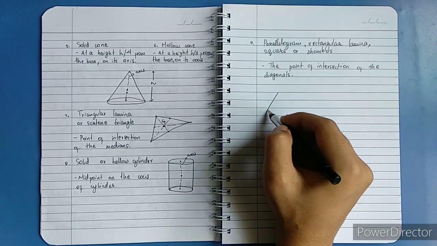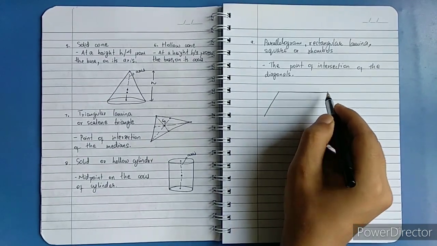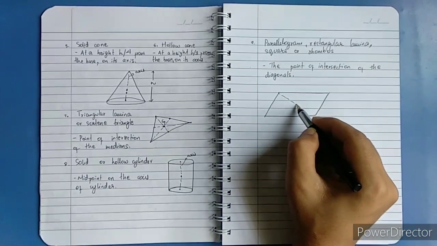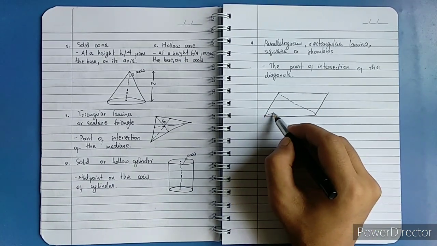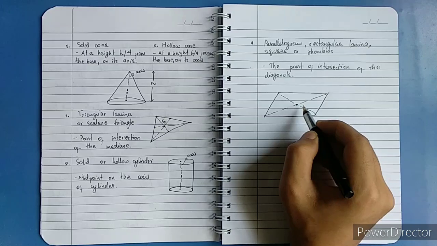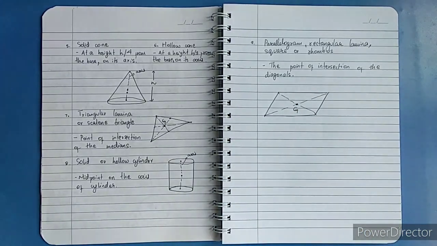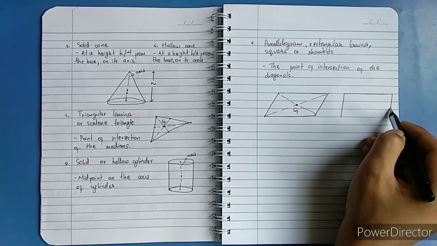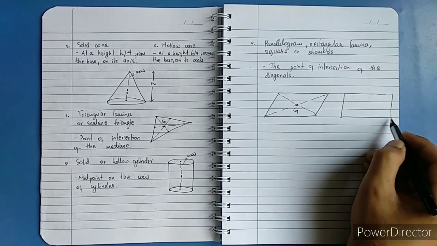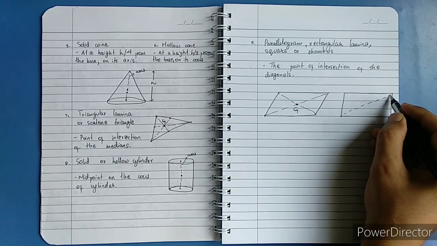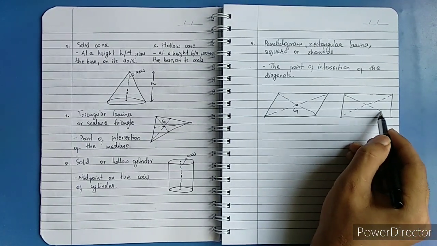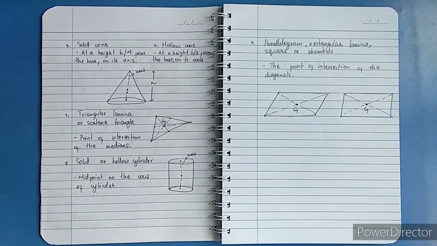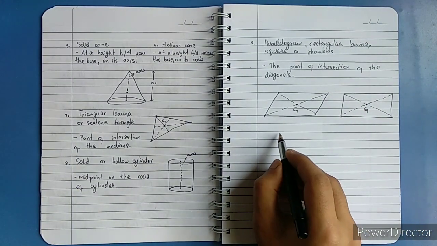So say a parallelogram. One of the diagonals, another diagonal. So the point of intersection is the center of gravity. See a rectangular lamina, basically a rectangle if we take. So these diagonals we take, and the intersection of the diagonals forms the center of gravity.